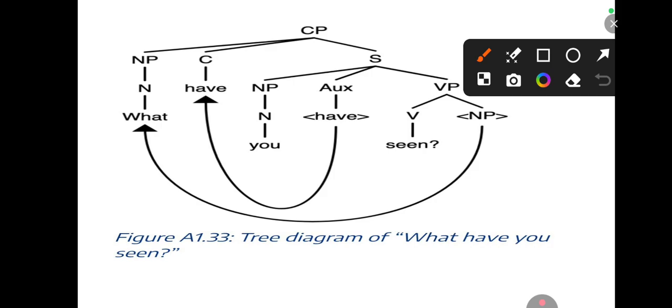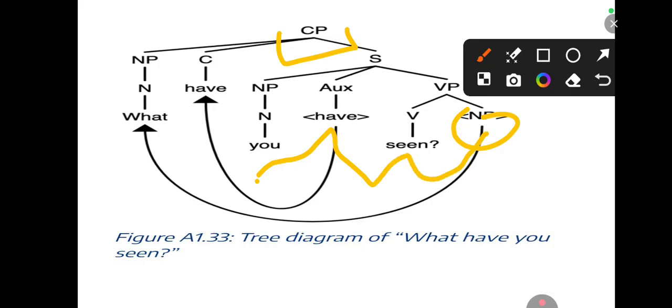Now next is the same. What have you? This "have" will go here, and then "seen". So the answer is "alien". So that is a noun phrase, right? That will be analyzed this way. You have seen, you have seen an alien. What, the answer will be alien. So that's the complementary phrase, right? Then a noun phrase. What noun?